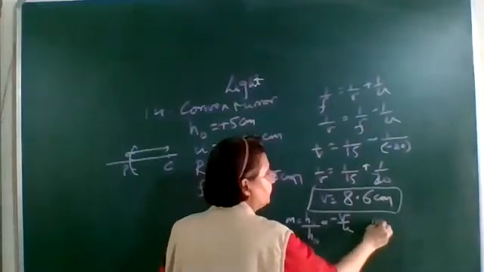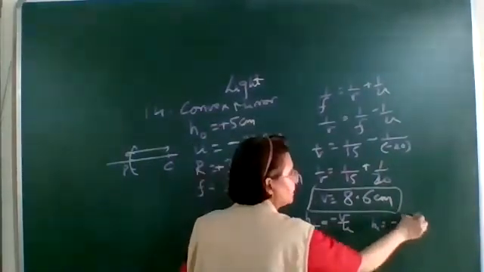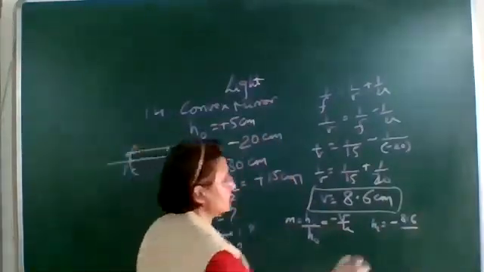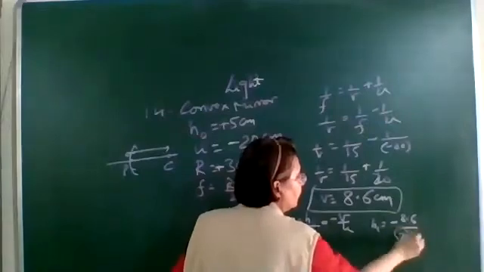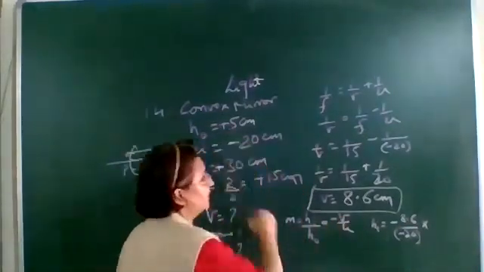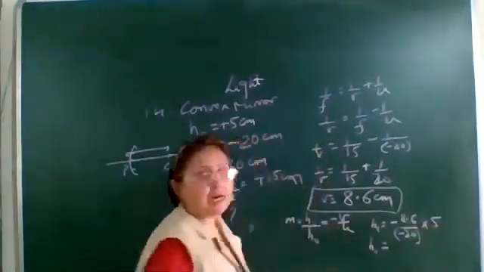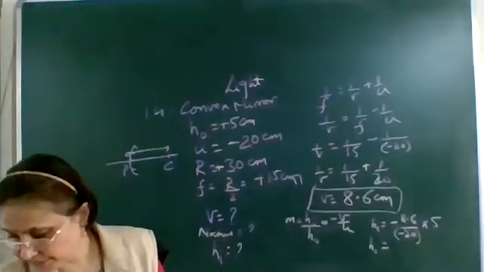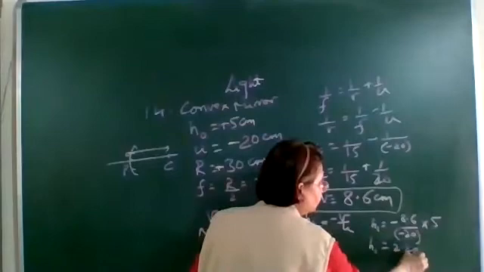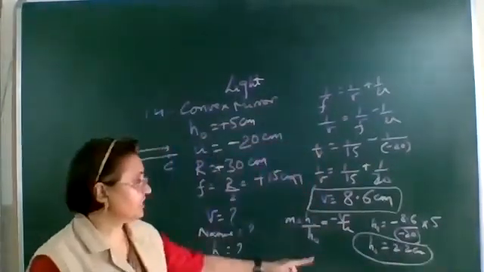Height of the image will be equal to, put the values, v here is 8.6, u here is minus 20, into ho, cross multiply, ho here is 5. Simplify it, on solving it, you get the height of the image to be 2.2 centimeter.